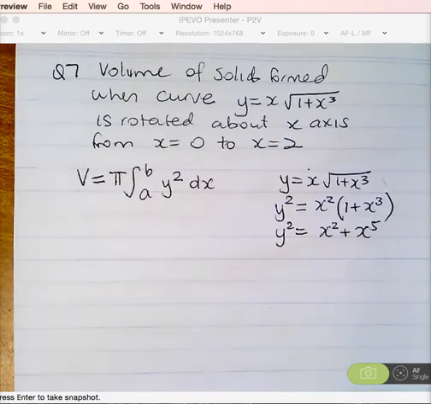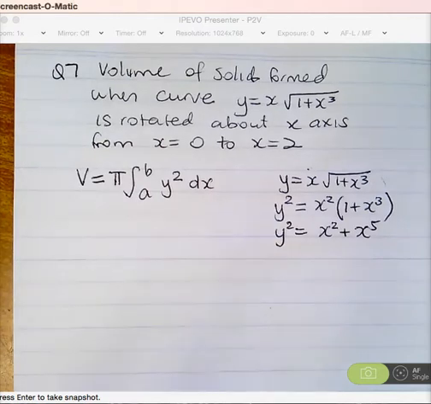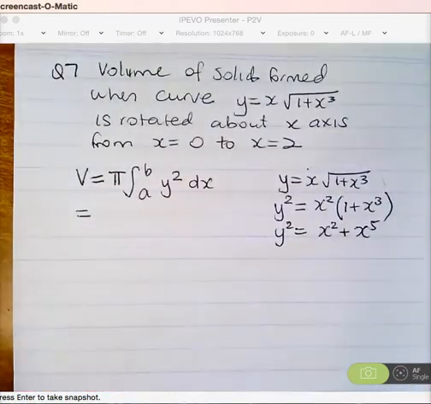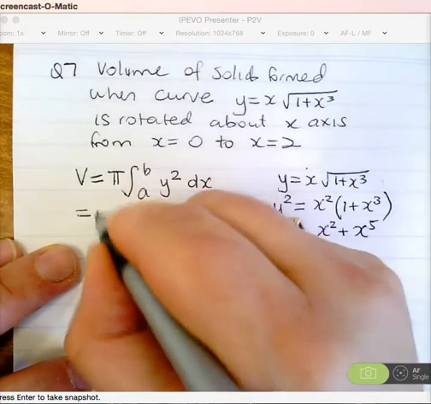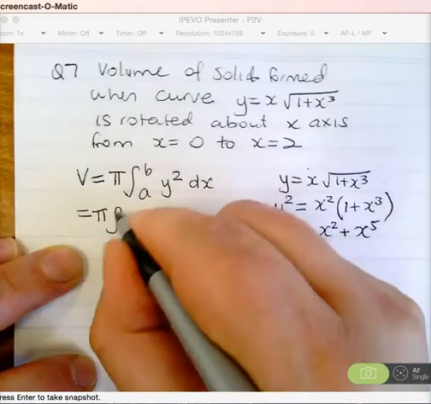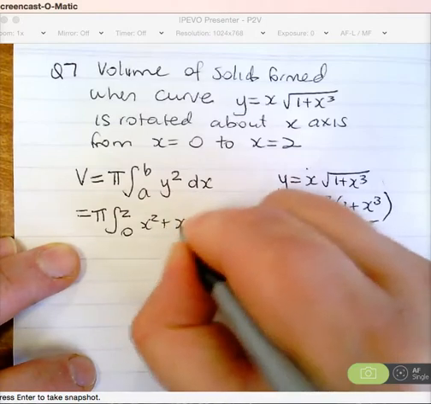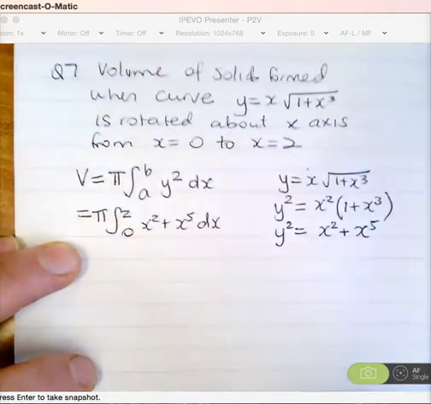Can you finish it? Go. Oh yeah, there's no substitution now. This is a nice one. It's an easy question, it's just normal. We don't need integration by substitution because if I put that back in now, I've got 2 and 0, x squared plus x to the 5, you can integrate that.